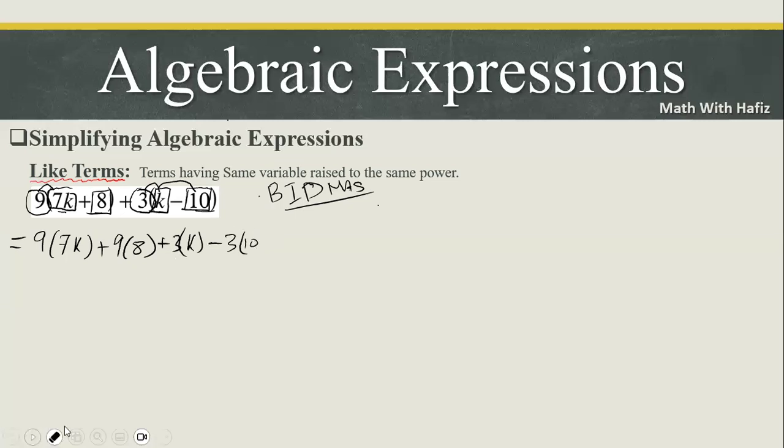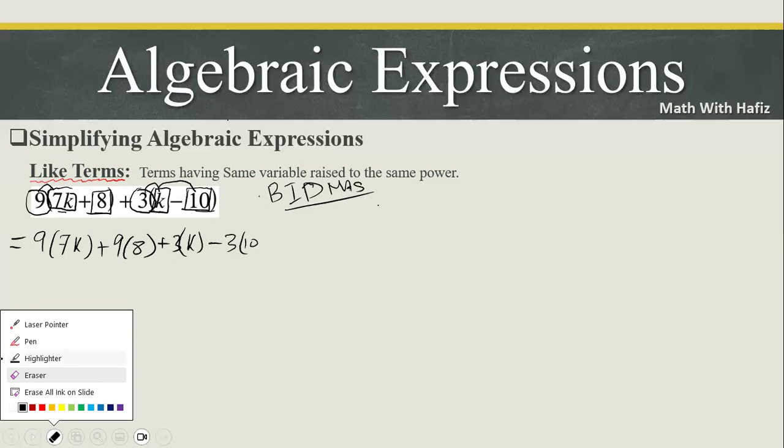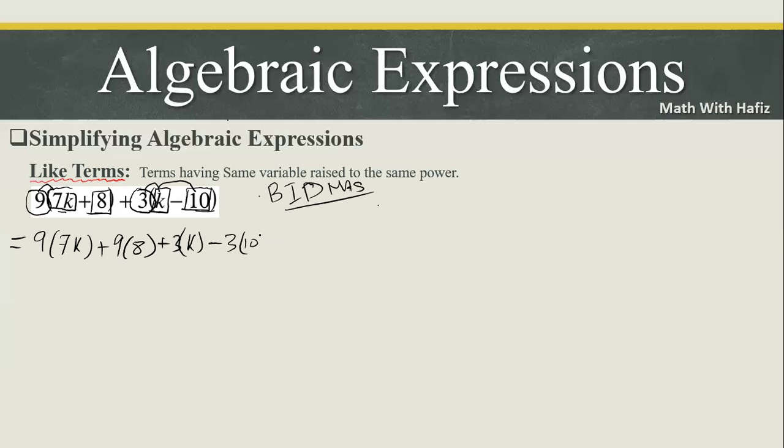You can write the negative before or after. So 9 multiplied by 7 will be 63k plus 9 multiplied by 8, which is 72, plus 3k minus 30.